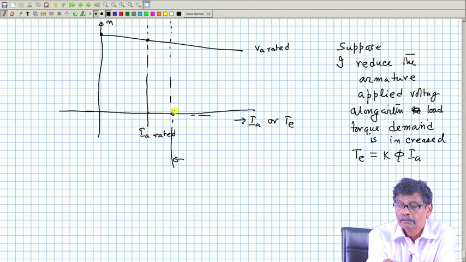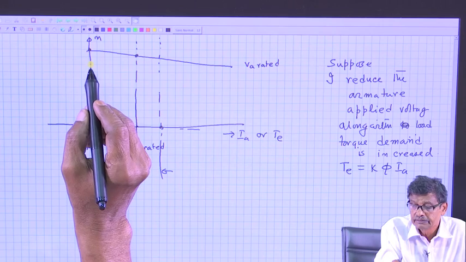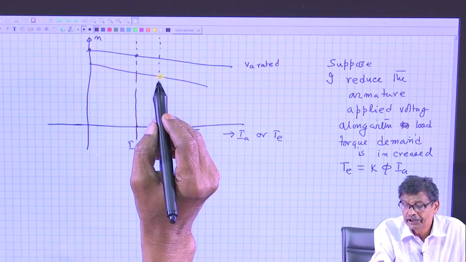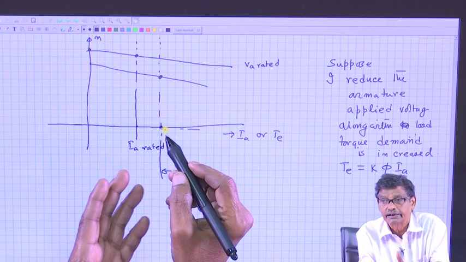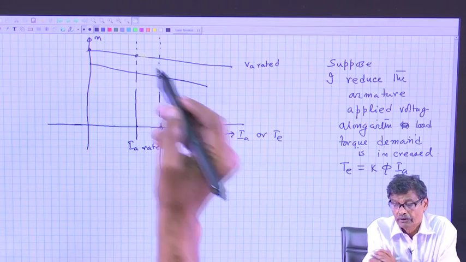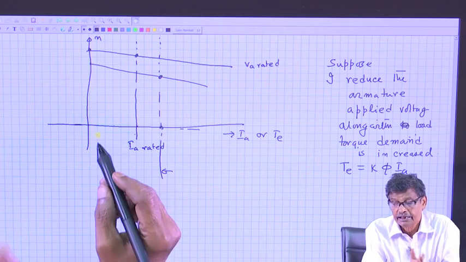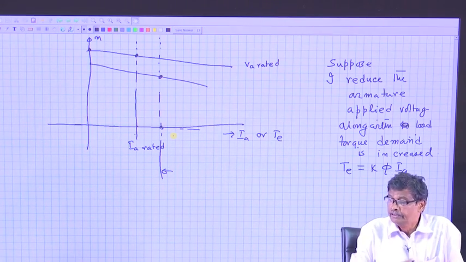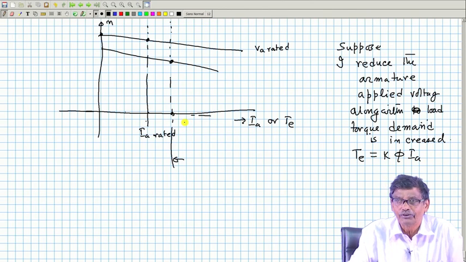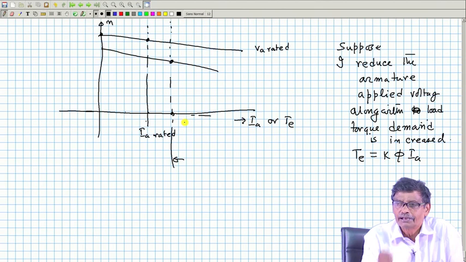Is it not? And if you reduce the voltage, your new operating point will run at a lesser speed, no doubt, but it will draw higher current. If your earlier steady state operating point was drawing rated current, it is bound to draw a current greater than rated current. In between what is happening, I am not interested. In steady state, I know this much: electromagnetic torque and load torque have to be the same.